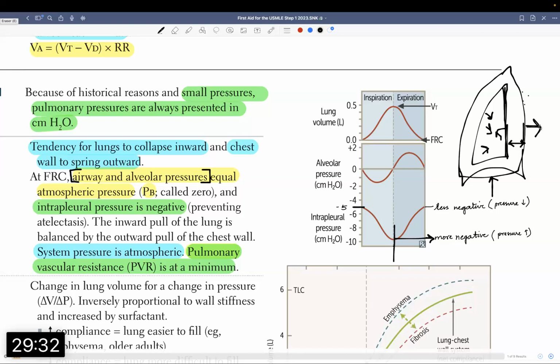So yeah, okay, nice. So in expiration, only the parenchyma will shrink inside and exhale the air out through the bronchi, and the rib cage is still trying to pull things outward. Yeah, the chest wall. So in this phase, the pressure is going from more negative to less negative.